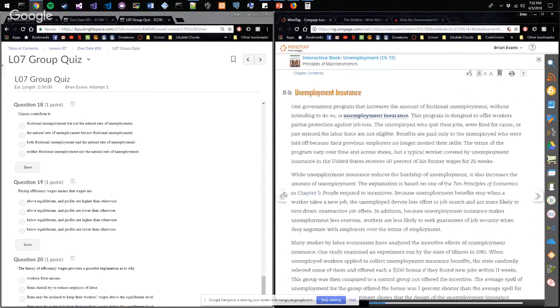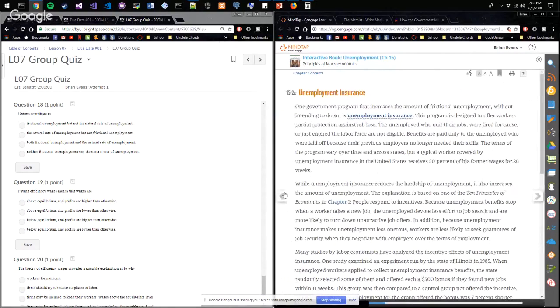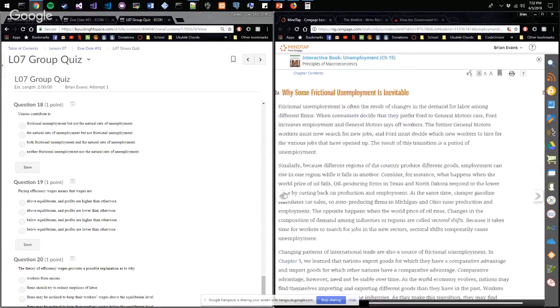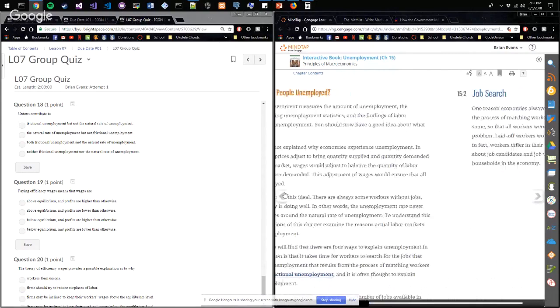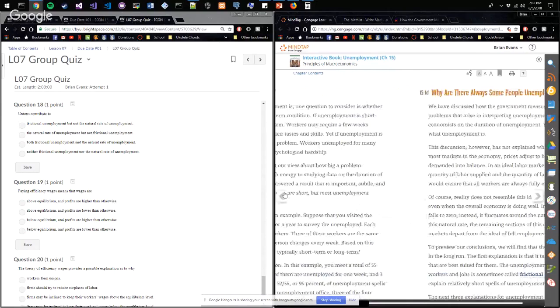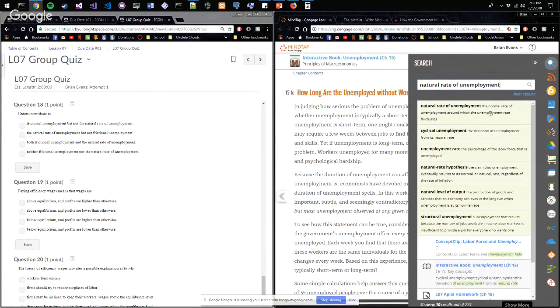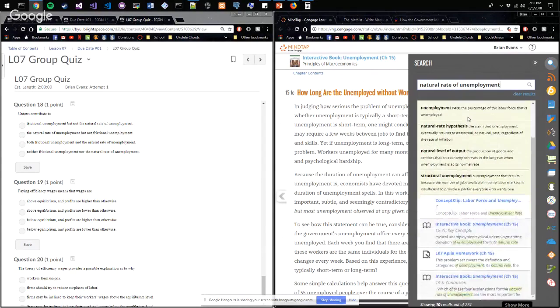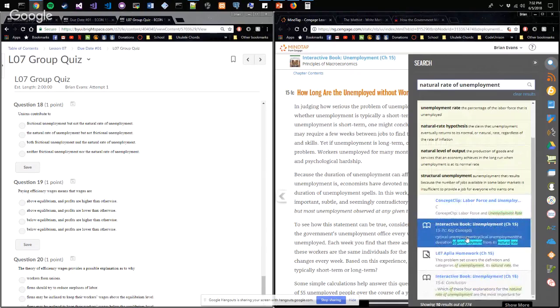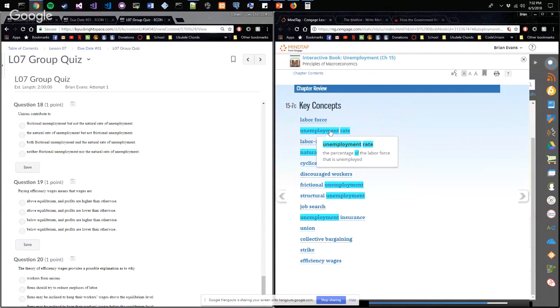Let me see if I can find something else. Normal rate of unemployment around which the unemployment rate fluctuates. That's helpful. Natural rate of unemployment. Normal rate of unemployment around which the unemployment rate fluctuates.